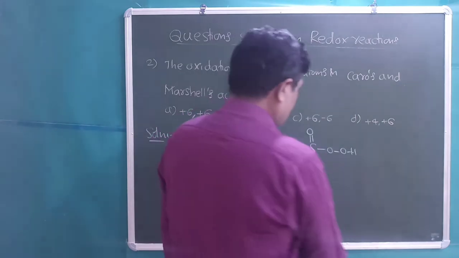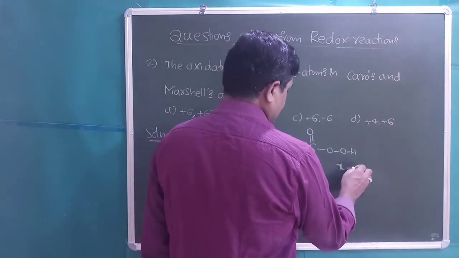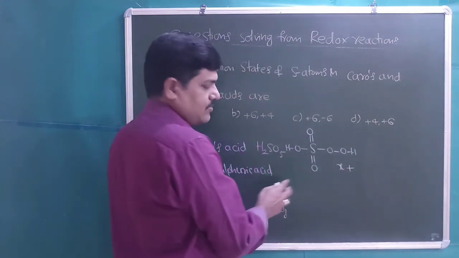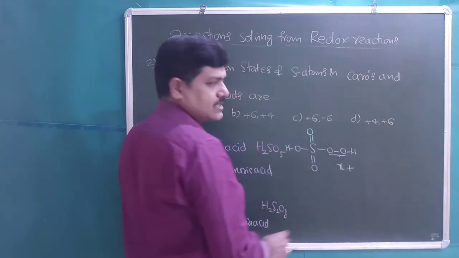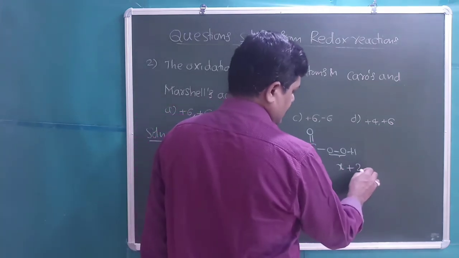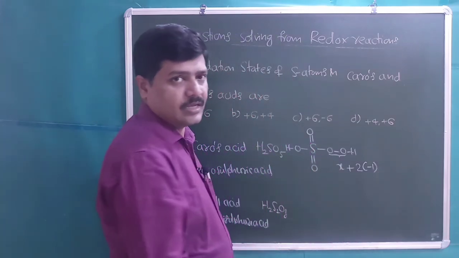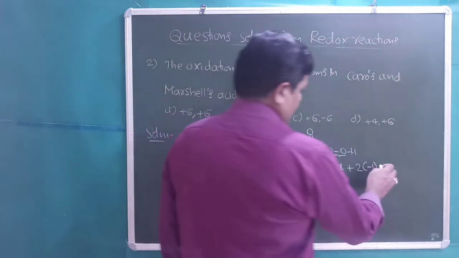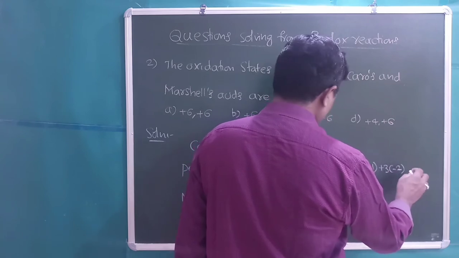So students, in this case, let us assume the oxidation state of sulfur as X. How many oxygens are there? Total 5 oxygens, but 2 oxygens are linked through the peroxy linkage. O single bond O is known as peroxy linkage. So for these 2 oxygens, we take oxidation state as -1, since in all peroxides the oxidation state of oxygen is -1. The other remaining 3 oxygens are taken as -2.